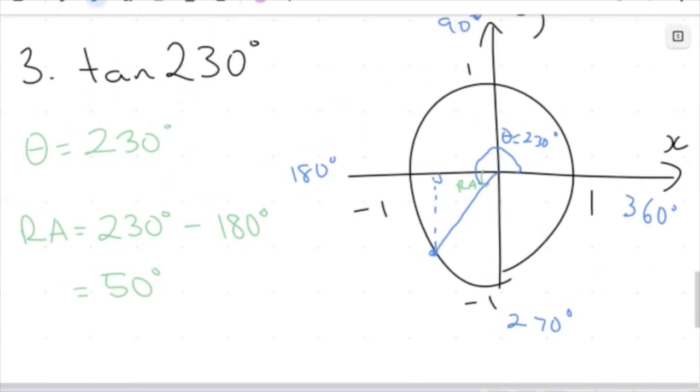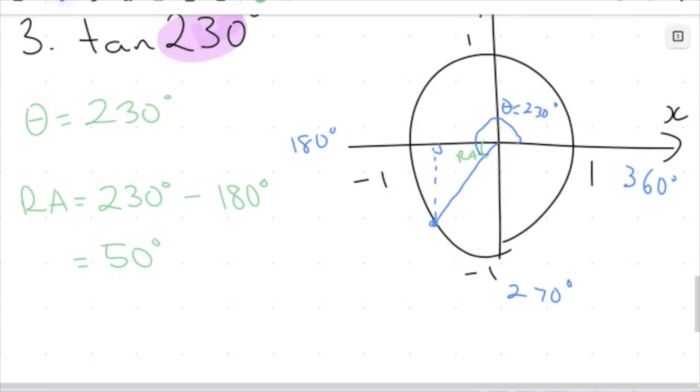Okay, now, therefore, to relate this 230 to an angle that's between 0 and 90 degrees, I can say that tan of 230 degrees is equal to the tan of 50 degrees.